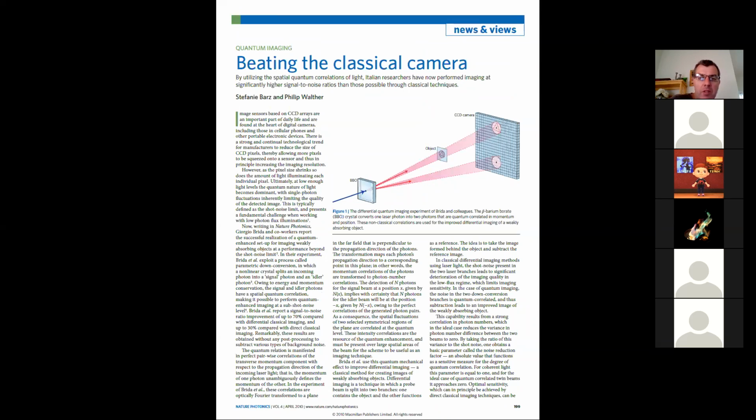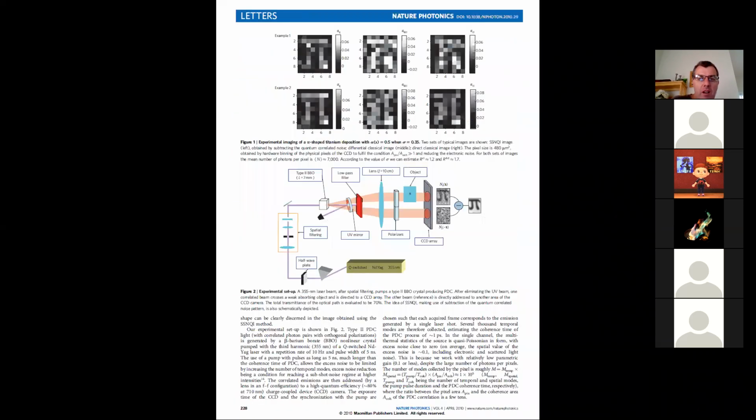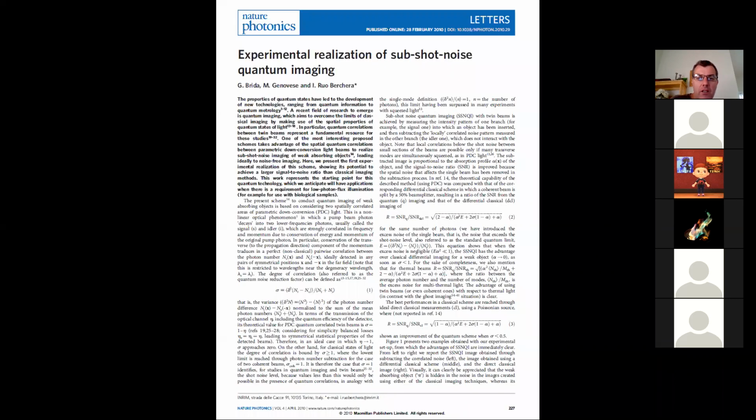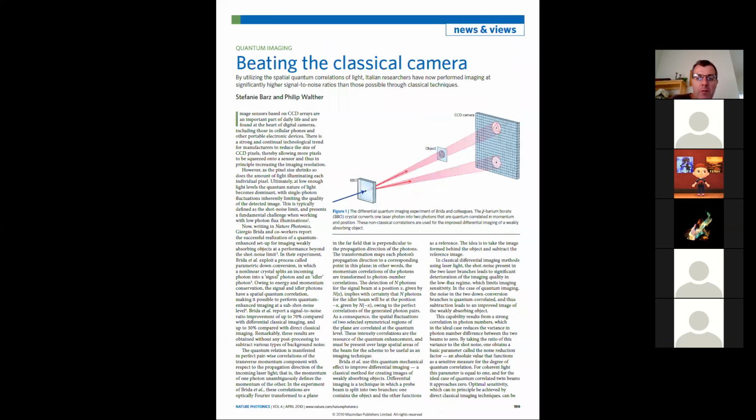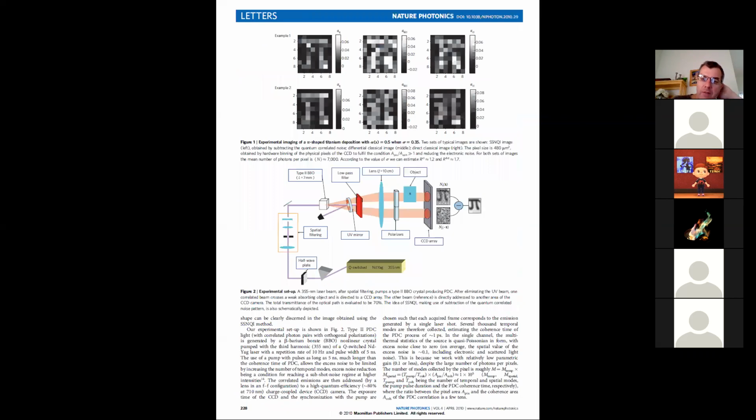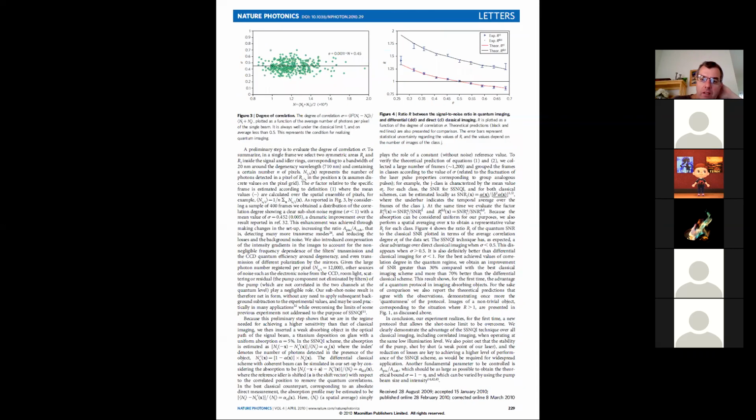A lot of papers in nature journals are accompanied by sort of a news and views section, where the paper itself has lots of technical detail. But before the technical paper, they have a 2-page summary written for any reasonably well-educated scientist who might not be in that specific subfield. So I'm going to post this on Blackboard after class. But I feel like there's an untold story to be had here.